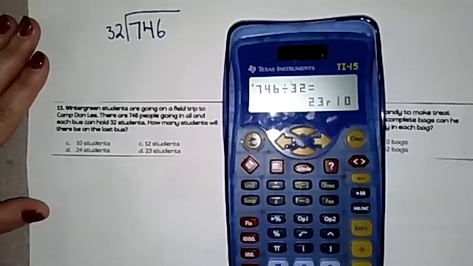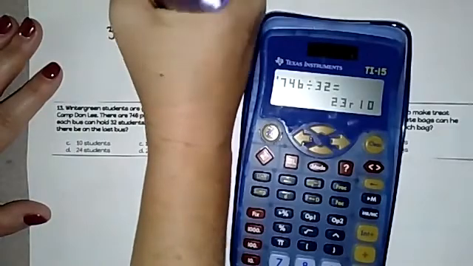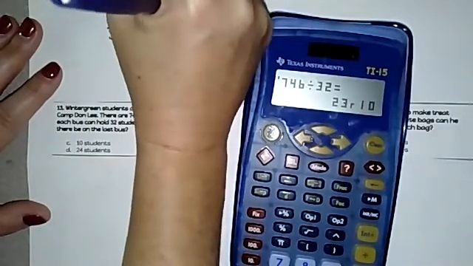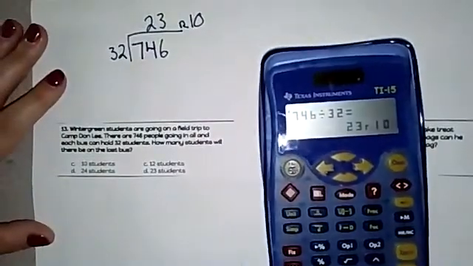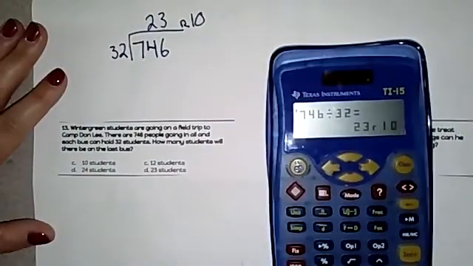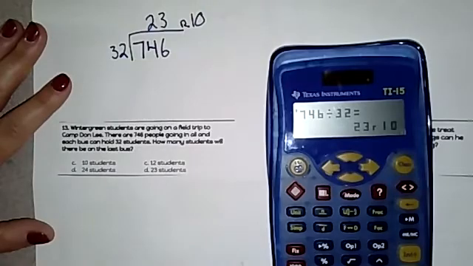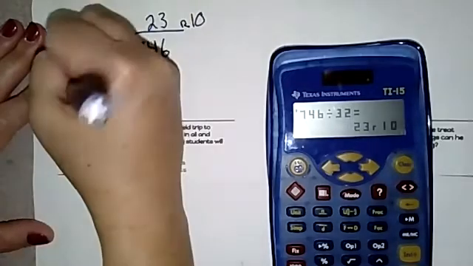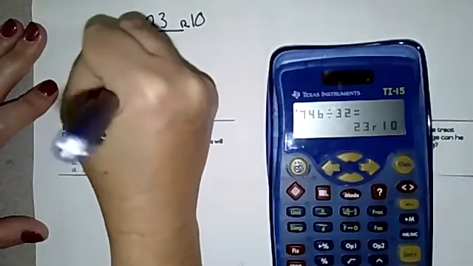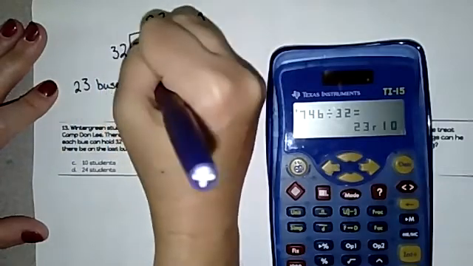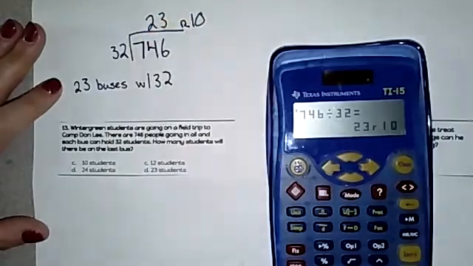Okay, so that means I get 23 with 10 left over. What does that mean? That means you have to interpret the remainder. So I'm going to have 23 buses, write that down, 23 buses with 32 kids, right?